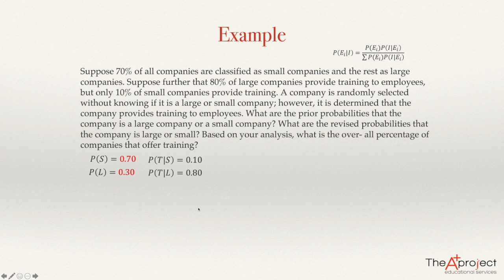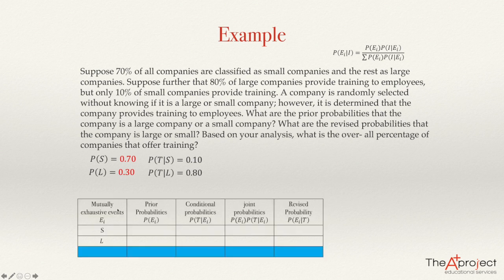And again, I'm going to type here in a table all the exhaustive mutually exclusive events. So it will be S and L. The prior probabilities of S and L will be 0.70 and 0.30, so they add together to 1. And then the conditional probabilities related to them are 0.10 and 0.80.